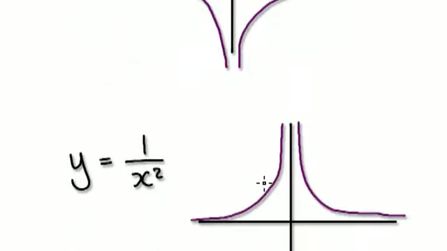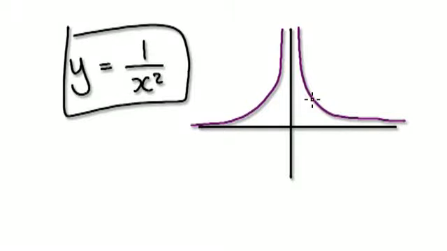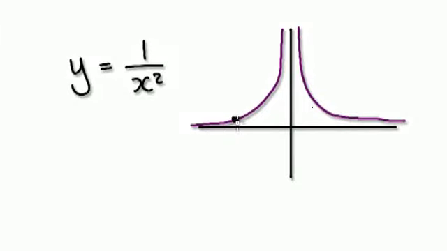Now the question for this video is: find the derivative of this. Sketch it, and just bear in mind that here the gradient is positive, and on the right hand side the gradient is negative.